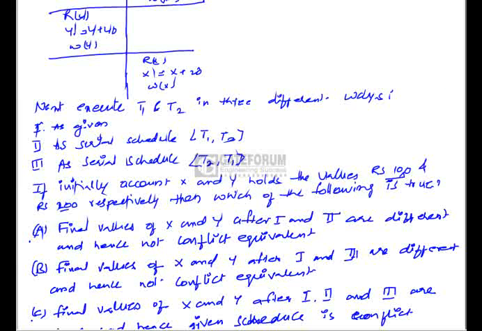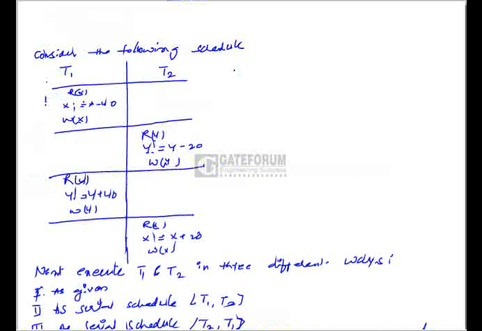If we execute transactions T1 and T2 according to the given schedule, X and Y are 100 rupees and 200 rupees respectively. Transaction T1 reads data item X, and 40 is subtracted from it, so the value of X will be 60.